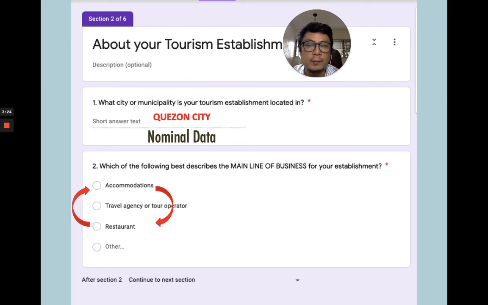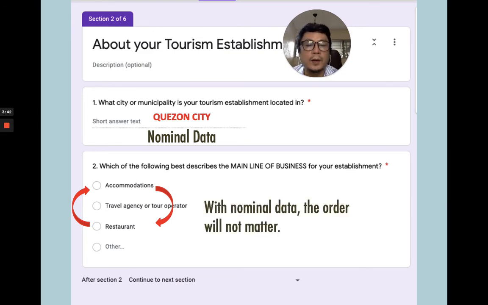We can group them into accommodations, travel agencies, or tour operators, but there's no difference in the relative value of accommodations, travel agency, restaurant, or even other. Okay, it doesn't make a difference. So with nominal data, the order will not matter because there is no numerical value in any of the possible answers.